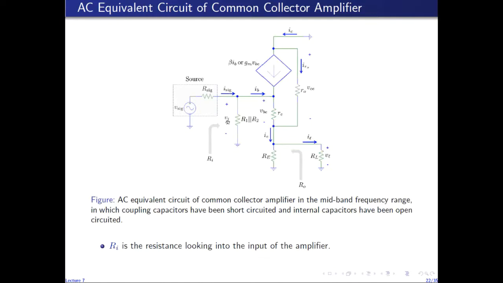So Ri is given by Vi over Isig. Output resistance is seen between this node and ground, which makes up the output port. The resistance seen looking into the output port is called the output resistance and is denoted by r0.